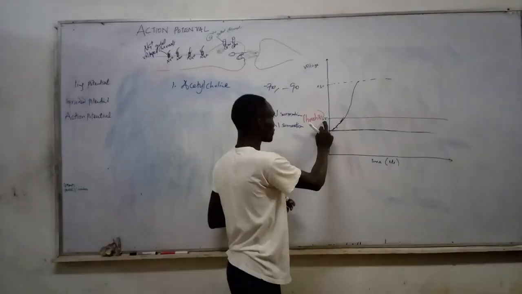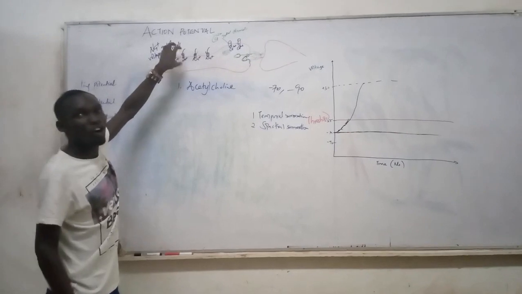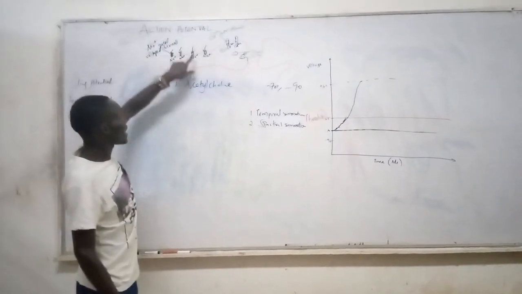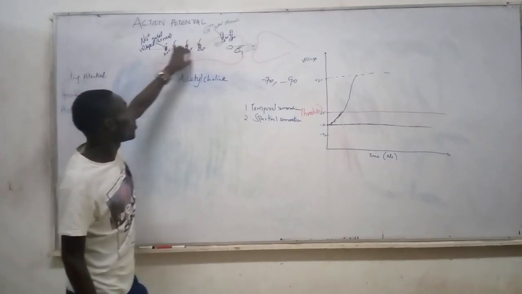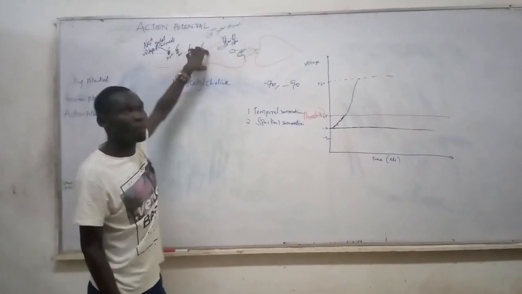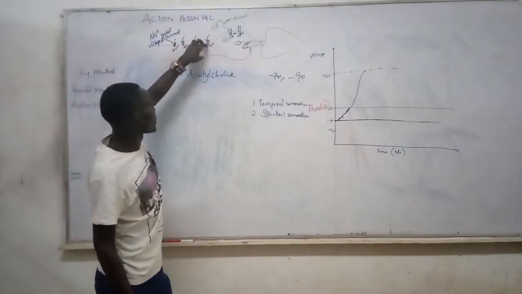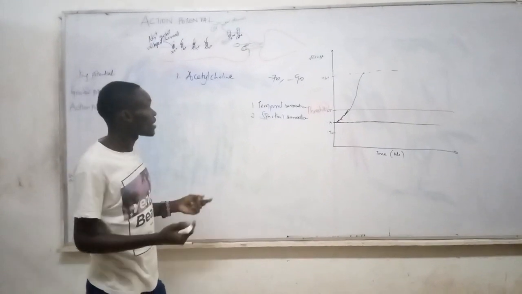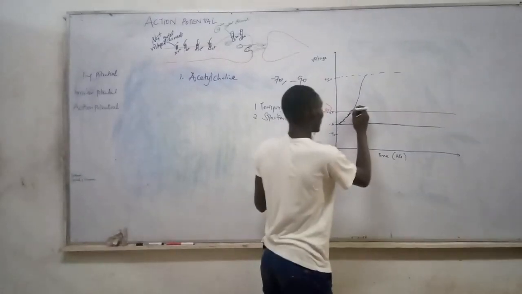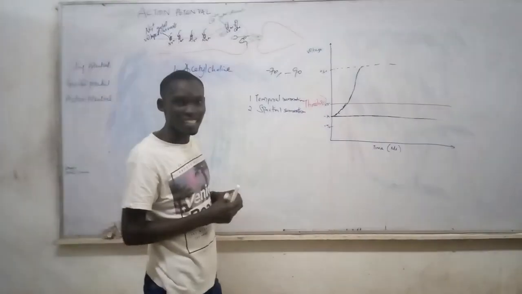When it reaches negative 55, the sodium-gated ion channels open up, more sodium ions leak into the membrane, and the membrane became more positively charged. So the charge went up to positive 30.